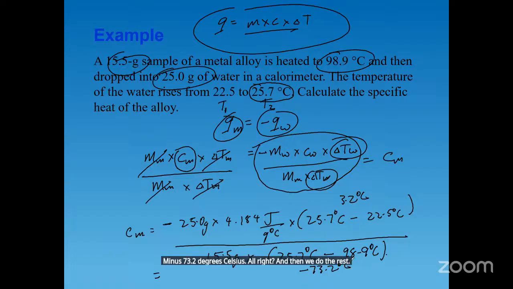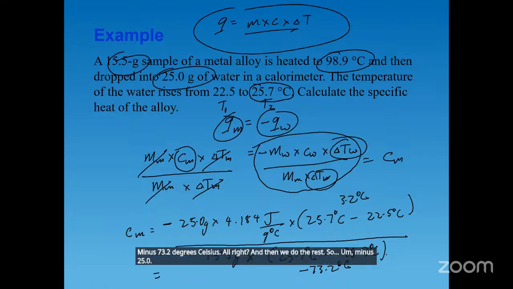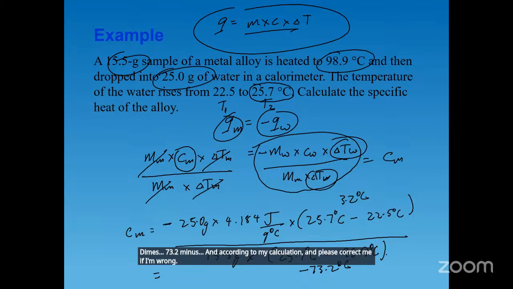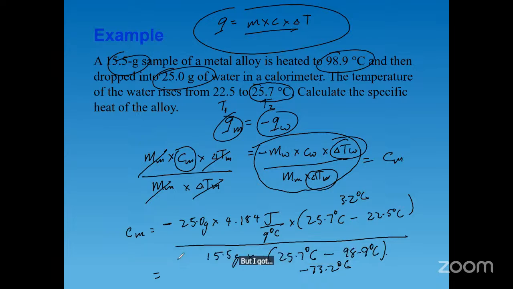So 25.0 times 4.184 times 3.2, divided by 15.5 times 73.2 minus, and according to my calculation, and please correct me if I'm wrong, I got, okay, how many sig figs do I need?